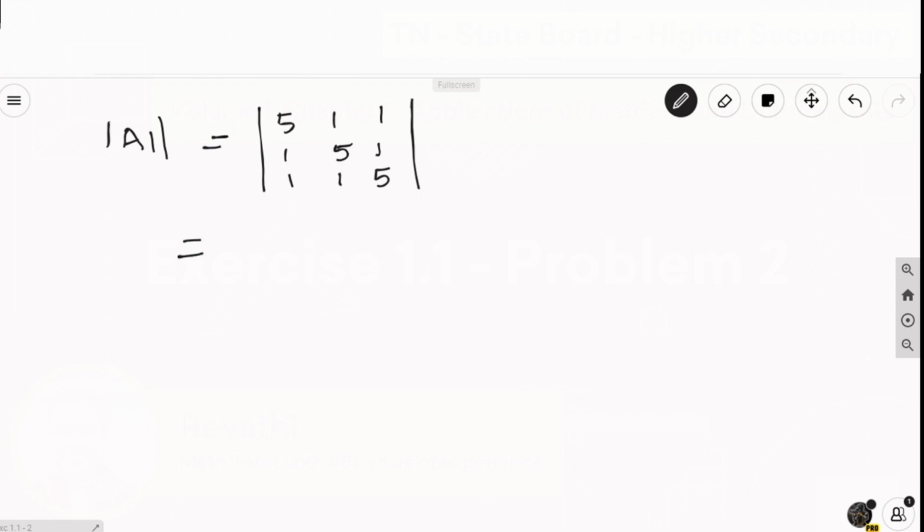First row, first element, and then within the bracket the other determinant values. Expanding through the first row, the second place will carry the sign minus, so it is -1.